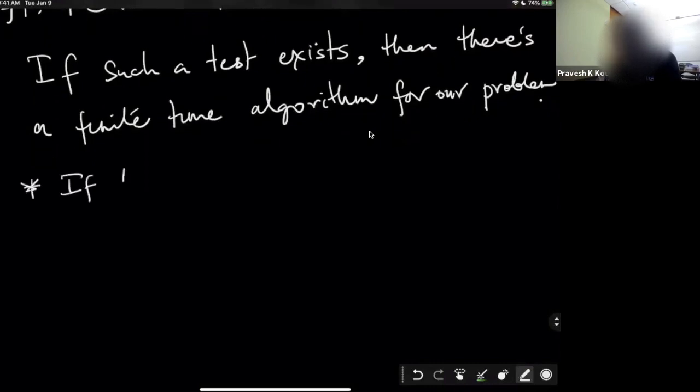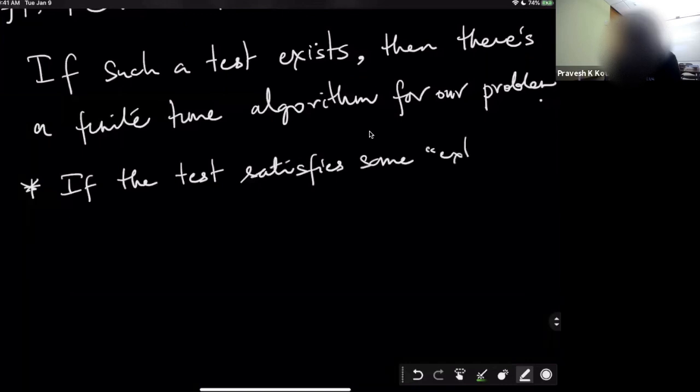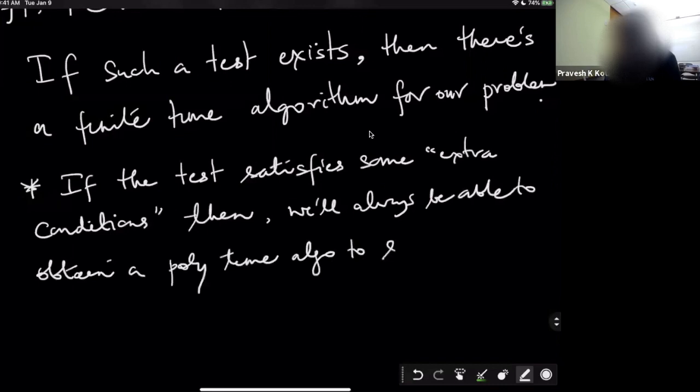If the test satisfies some extra conditions, then we'll always be able to obtain a polynomial time algorithm to simulate the oracle, and thereby obtain a polynomial time algorithm to solve the problem.